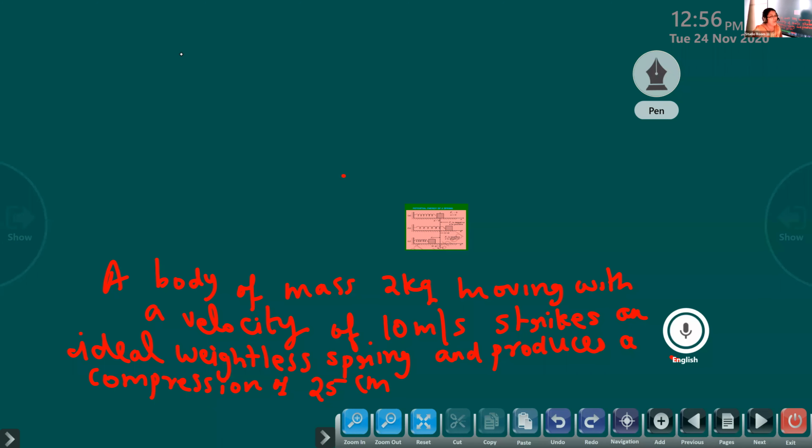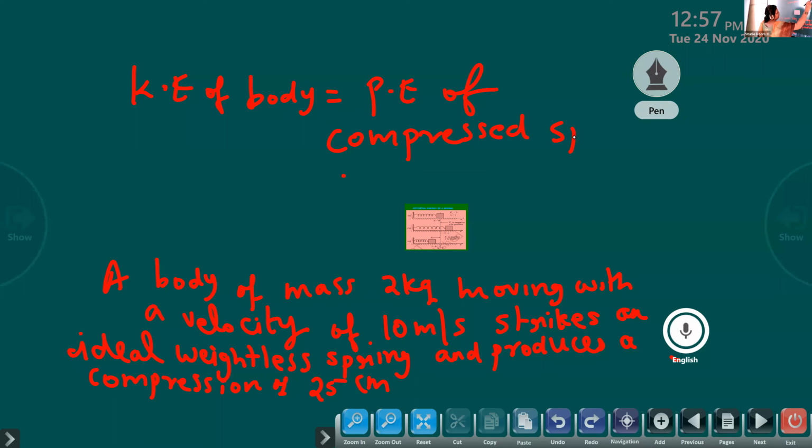Write down: by conservation of energy, kinetic energy of body equals potential energy of compressed spring. So we just equate both.